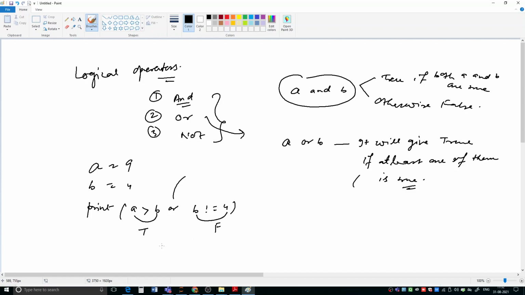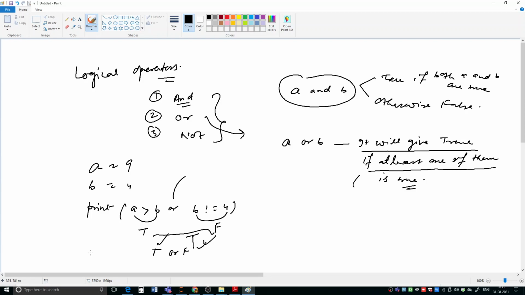So ultimately our expression is true or false. We have said it will give you true if at least one of them is true. Here one of them is true, so ultimately we will get true. Understood how it is working? Okay, so this is how it works. So we can combine.